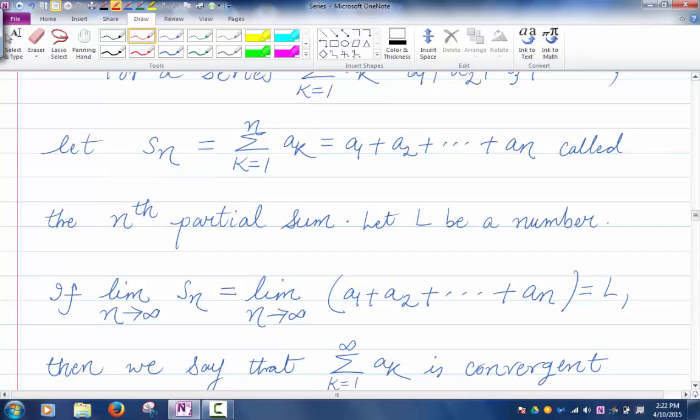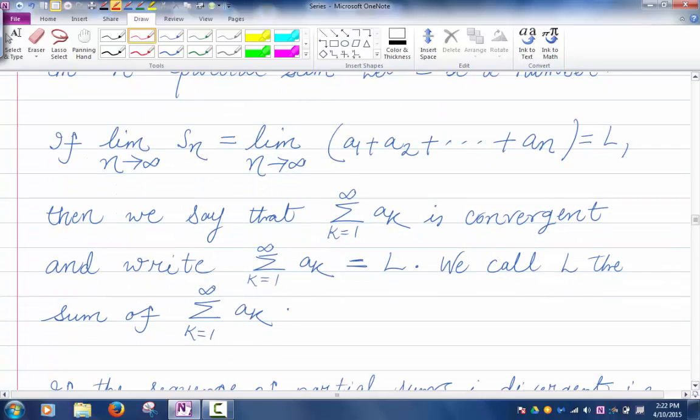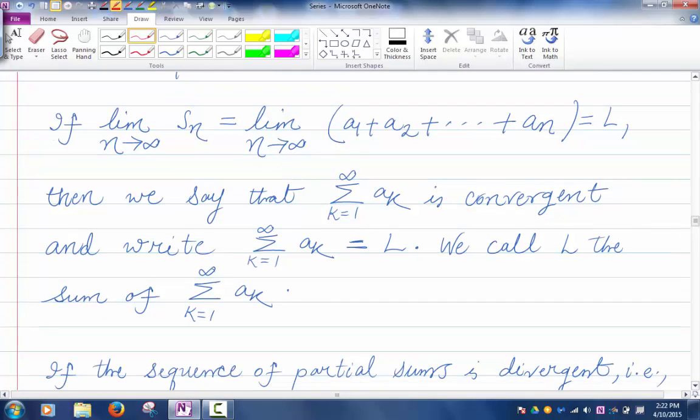Okay. So what happens when the limit doesn't exist? When the limit of Sn doesn't exist, or it is infinity, or it is negative infinity, then we say that the series is divergent. We say the series is divergent if the limit doesn't exist as a number.